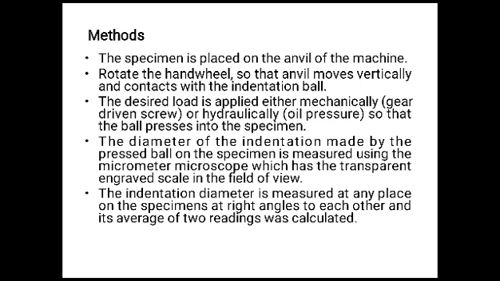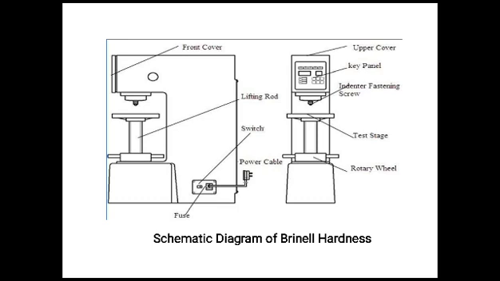The diameter of the indentation made by the pressed ball is measured using the micrometer microscope, which has a transparent engraved scale in the field of view. The indentation diameter is measured at right angles to each other, and the average of the 2 readings is calculated. This is the basic diagram of a Brinell hardness test.